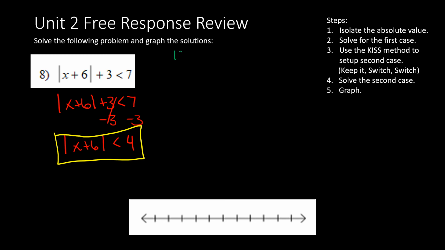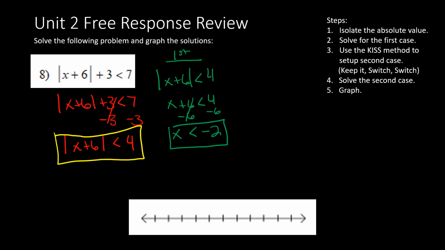So for that first case, we're going to say the absolute value of x plus 6 is less than 4. Drop the absolute values. We'll say x plus 6 is less than 4. Subtract 6 from both sides. I get x is less than 4 minus 6 is negative 2.